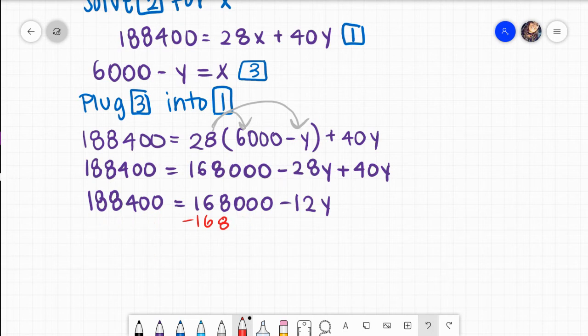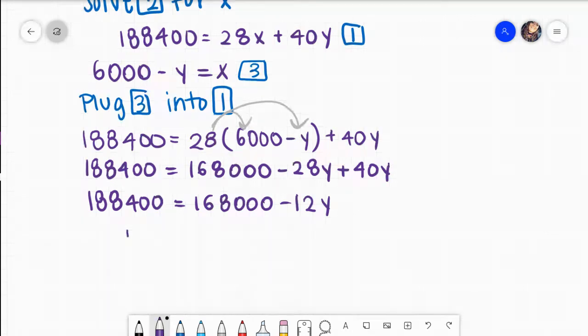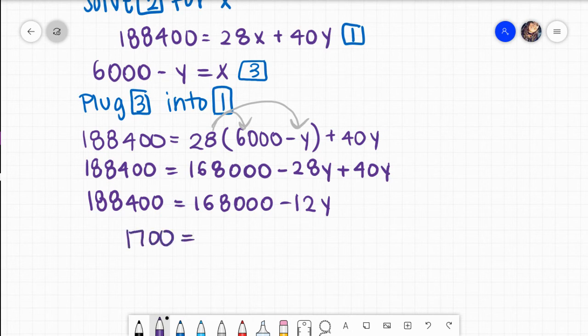Okay. I just had my calculator. I typed 188,400 minus 168,000, enter. Now do divided by negative 12. What you will get, 1,700 equals y. That is the number of tickets sold for $40.